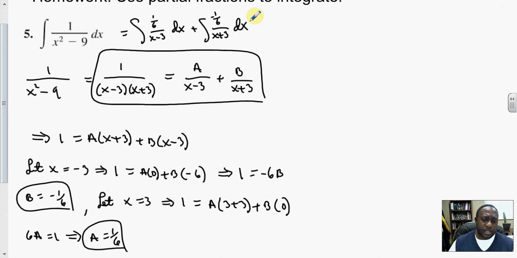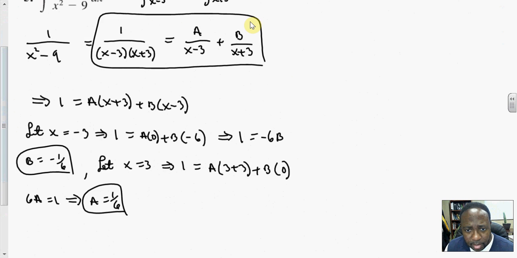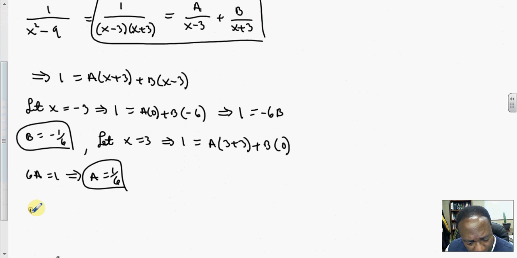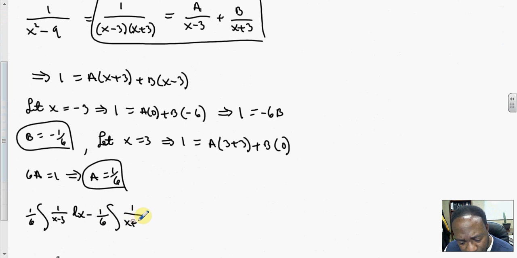Now it's easy to calculate those integrals. So we can write this as 1/6 times the integral of 1 over x minus 3 dx minus 1 over 6 times the integral of 1 over x plus 3 dx.